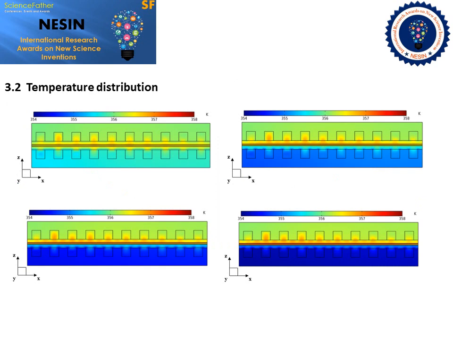And the next part is temperature distribution. As we can see from the figure, the temperature distribution at Y equals 0.01 meter across the section for the 4 TCR conditions at the PEMFC operating temperature of 353 Kelvin, and the output cell voltage of 0.6 volts.